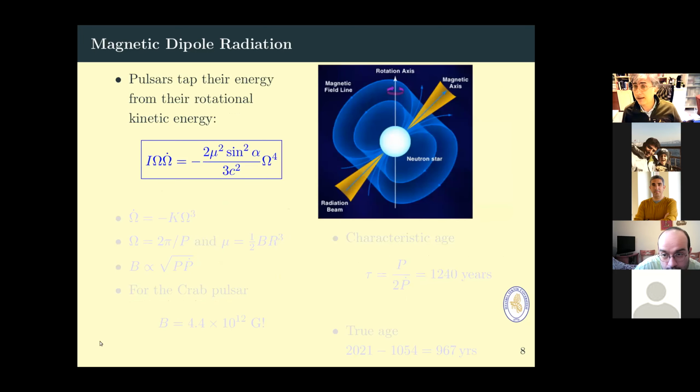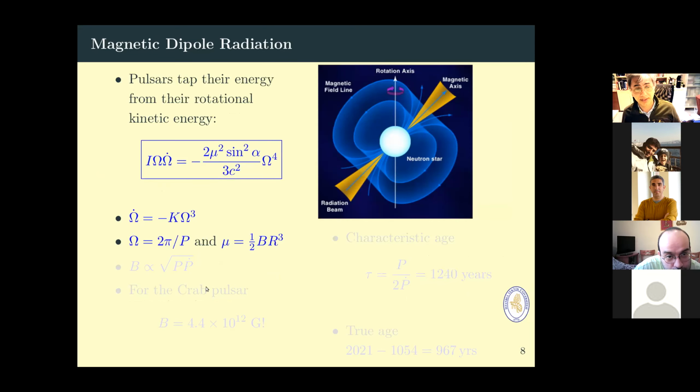And our model for this, the simplistic caricature model, is that it is tapping this energy from the rotational kinetic energy, and it's doing this with magnetic dipole radiation. So this is a spin down of the form minus k times omega cubed.